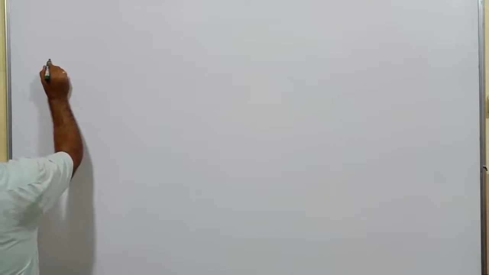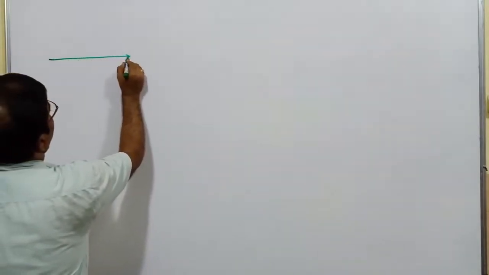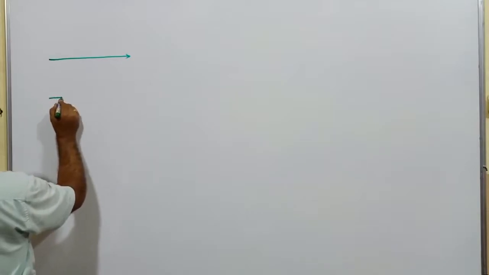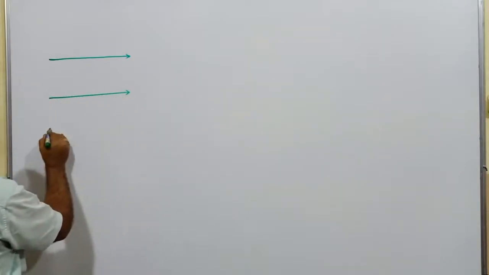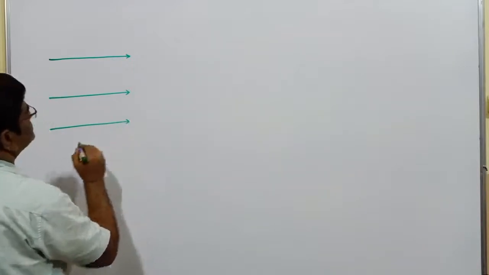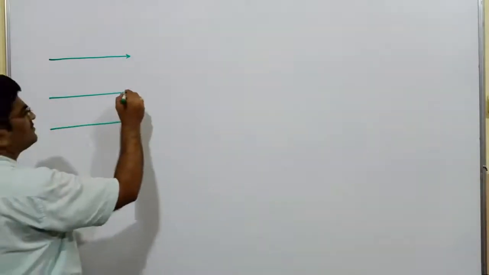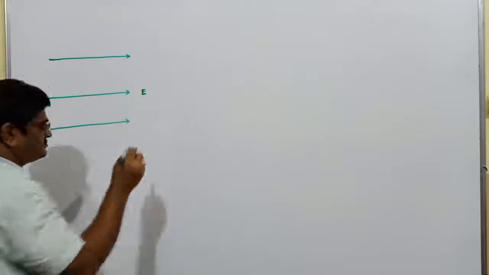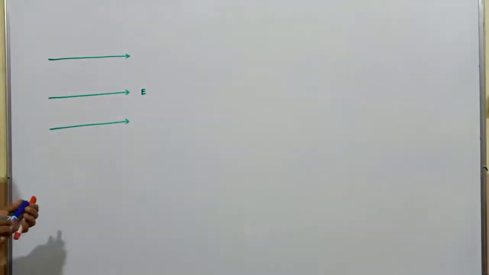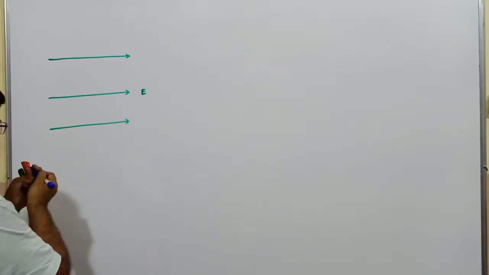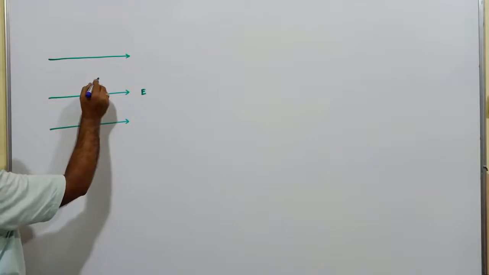Okay. So after working out torque on a dipole, let us go ahead to visualize the situation like this. Again I have a uniform electric field of intensity, of course, E. In this uniform electric field, I have a dipole.